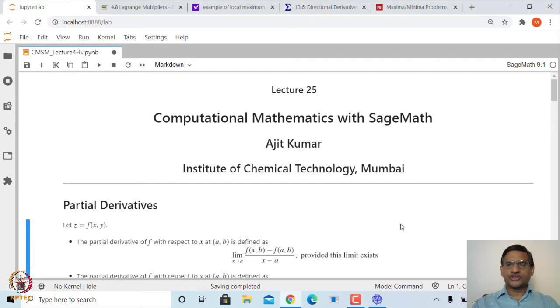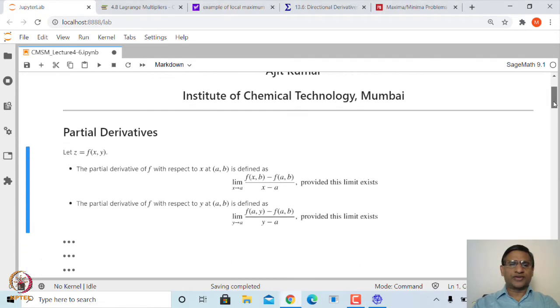So suppose you have a function z is equal to f(x, y). Let us assume that this function is defined on the entire R², and then the partial derivative of f with respect to x at a point (a, b) is defined as the limit of f(x, b) minus f(a, b) divided by x minus a, as x goes to a.